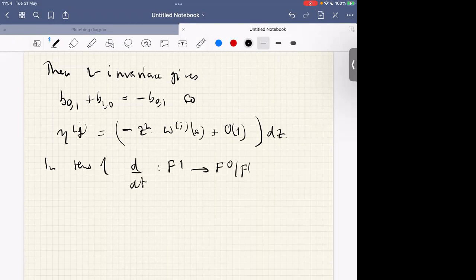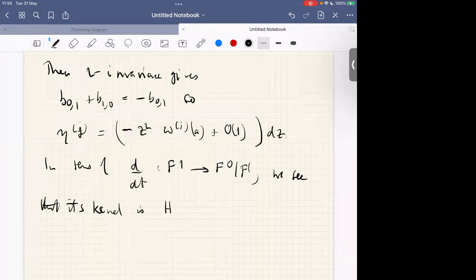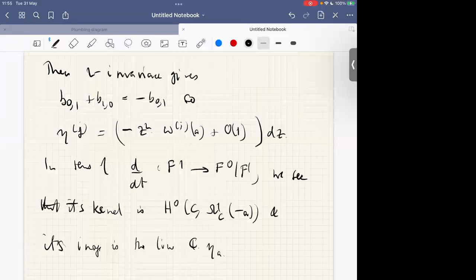So then we see that its kernel is H1 of C, omega 1 of C, the one forms which vanish at A, and its image is the line, the cohomology class generated by the line of the form eta A of the second kind.